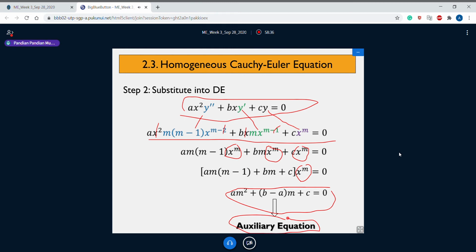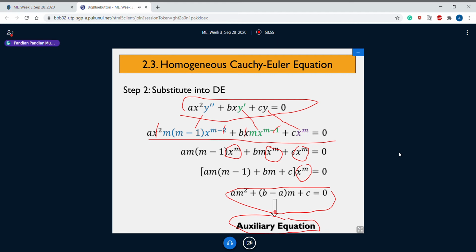So this equation you must memorize. For the second order homogeneous Cauchy-Euler equation, the auxiliary equation is am squared plus (b minus a) multiplied by m plus c equals 0. You must memorize this.